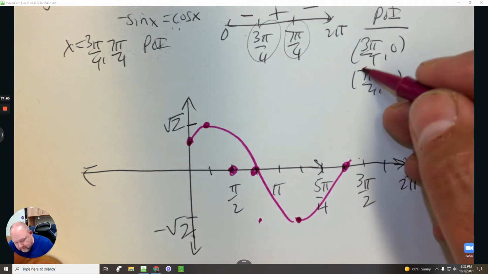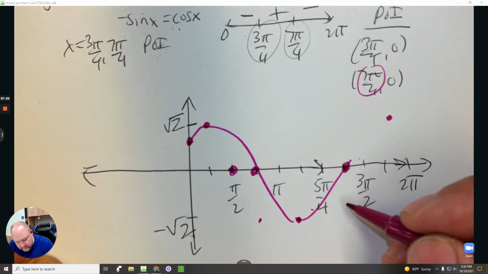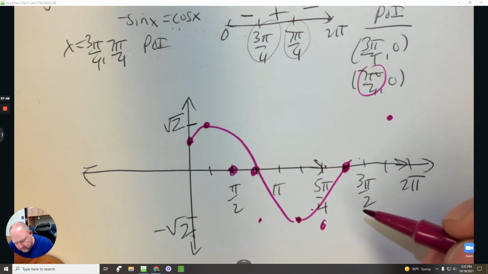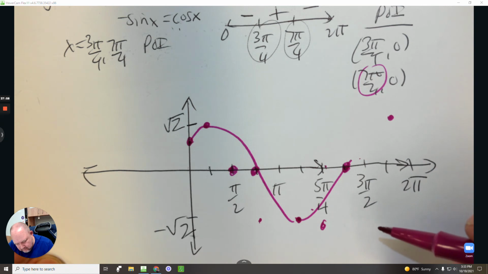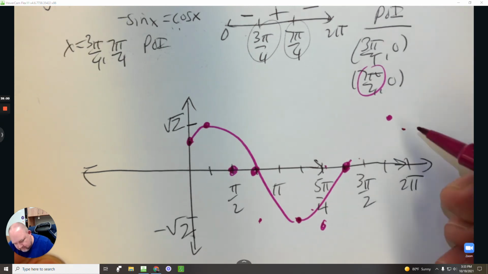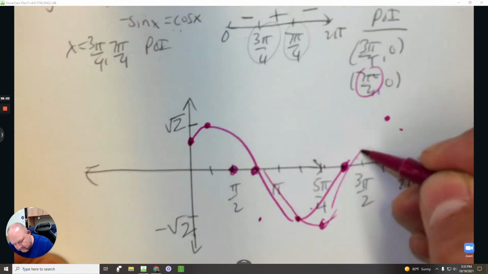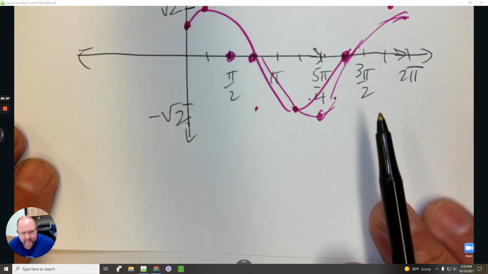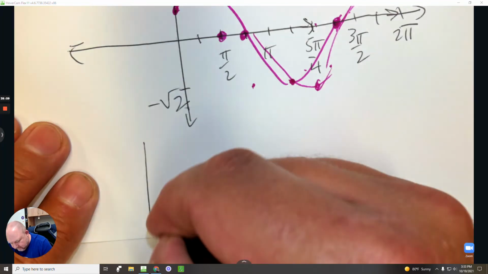Oops, the intercept's at 7 pi over 4, so here at 5 pi over 4. What am I doing to this graph? Can I try it again? My scale. Let's try it again.